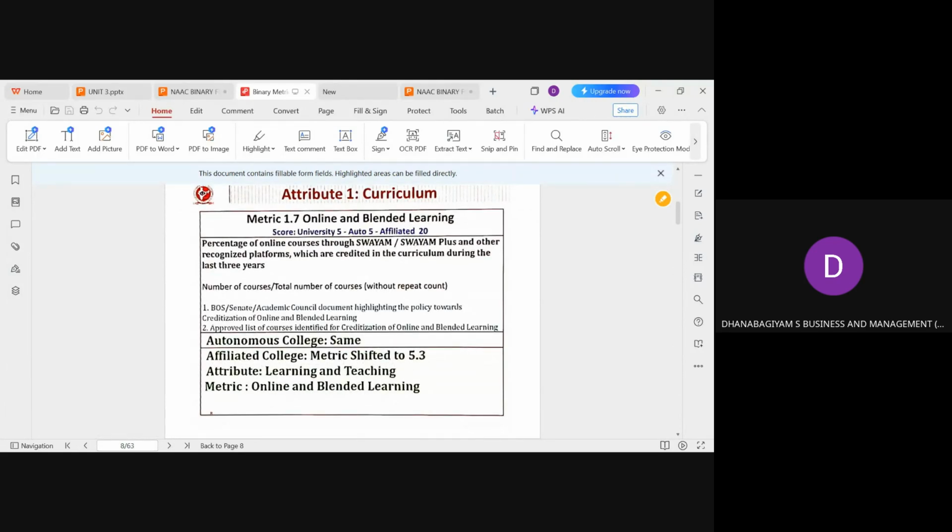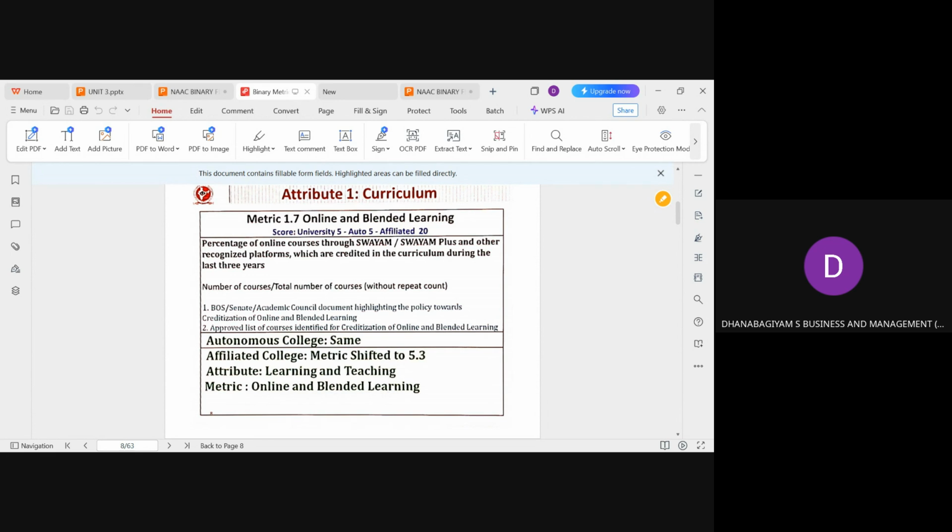Currently at the UG level, the students are supposed to enroll in the third year. We have to make the students enroll in the second year itself. Why not in the first year itself, we can ask the students to enroll for Swayam or MOOC courses, whatever they need.